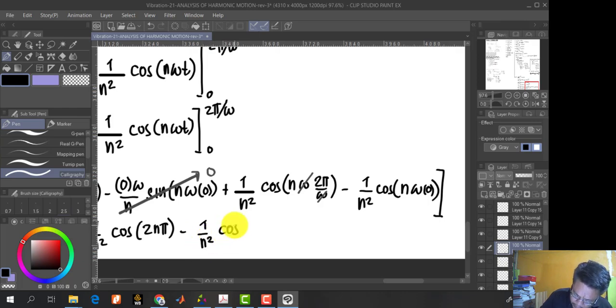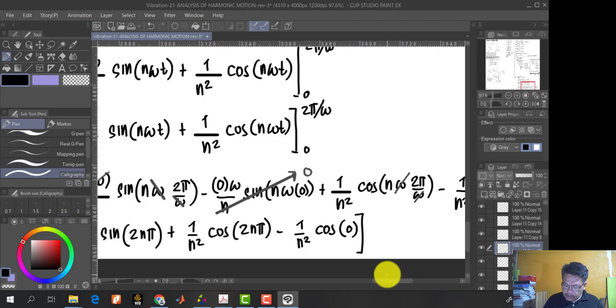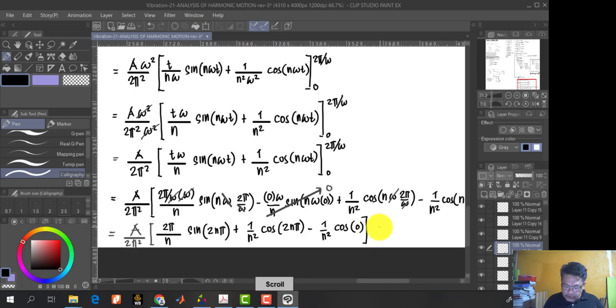So we have your cosine, and this one will be 0 out, because every number that is multiplied by 0 will eventually give you a value of 0. So that will be the equation now.